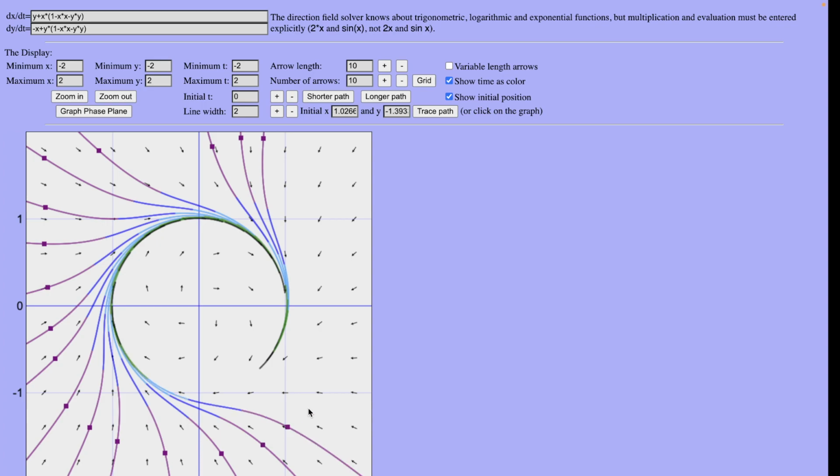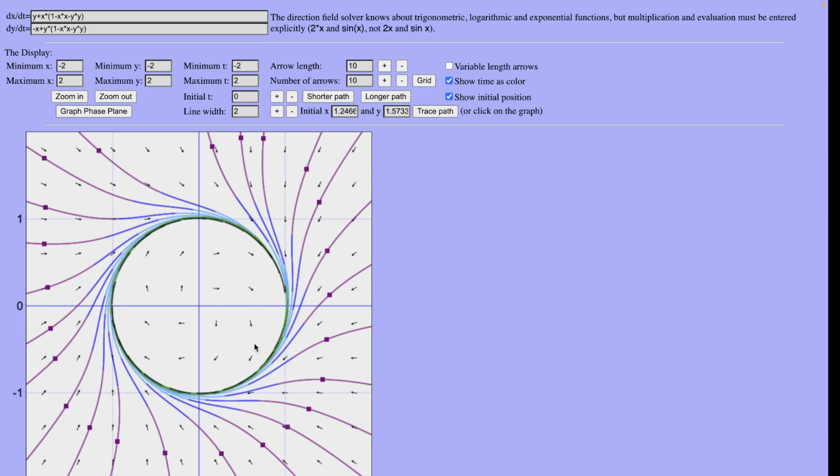We draw all trajectories, and we get a beautiful design. These are all the points on this circle, the unit circle with radius 1 and center at the origin. So this is the limit set of this trajectory.